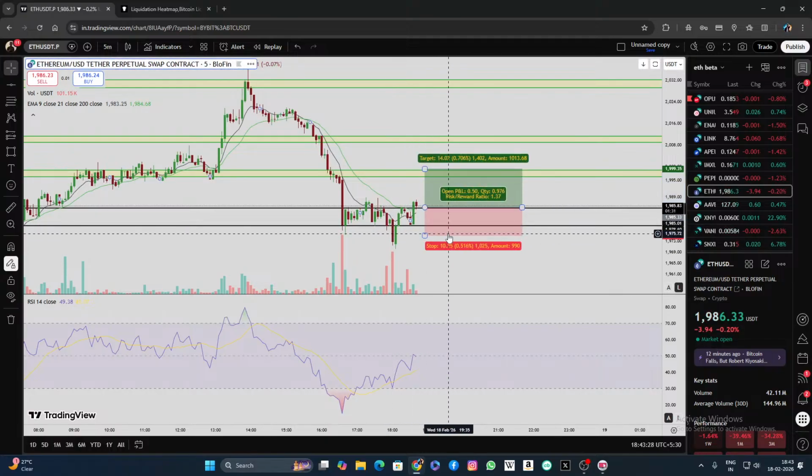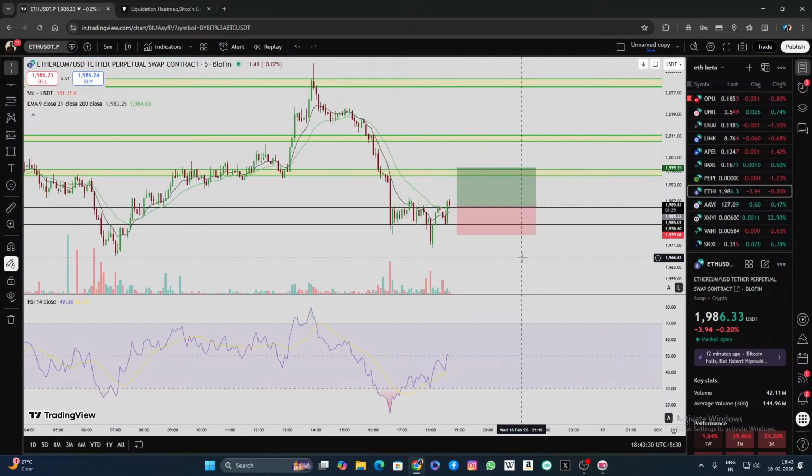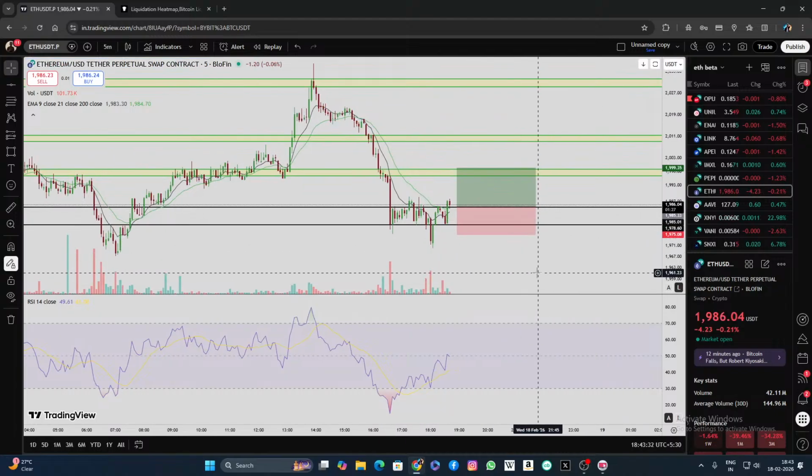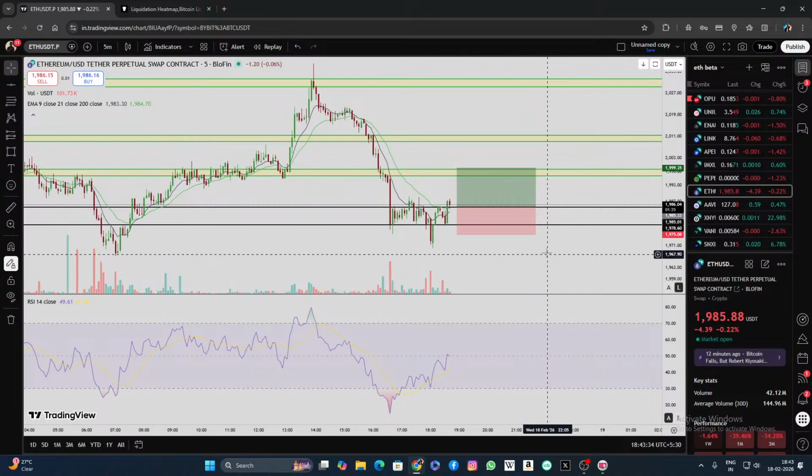And 0.5% SL, something like a 1-3 hour setup. But let's wait for the 5 minute candle closing. If anybody has any question, you can ask me. I will mostly do scalping today. No swing, no nothing. Just quick scalps.